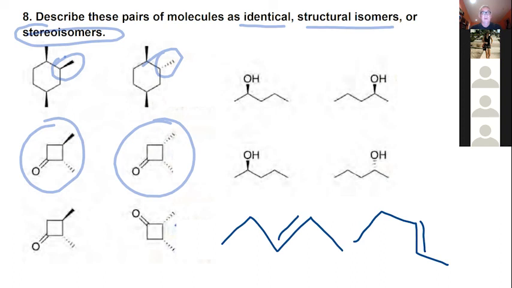Nope, these are stereoisomers too, because the only difference is this group here. So they're non-superimposable. You can't superimpose them on top of each other. The only difference is that this methyl group is pointing up, this methyl group is pointing back. So you can't lay them on top of each other.